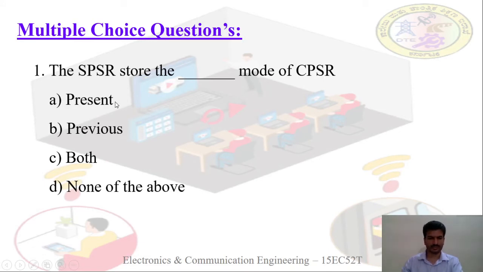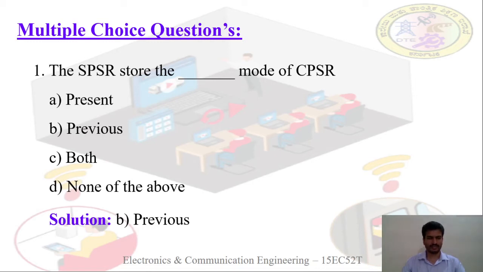The answer for this question is B, previous. So SPSR is normally used to store the previous mode of the CPSR. Whenever the ARM controller goes from one processor mode to another processor mode, it will store the previous mode content to the SPSR.